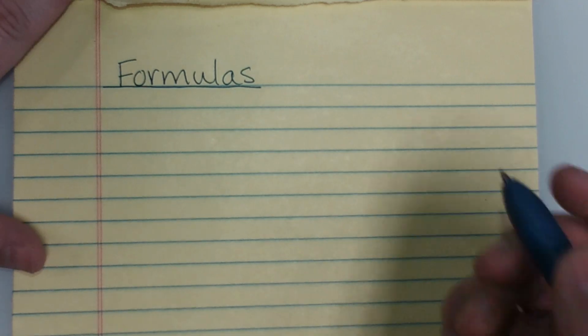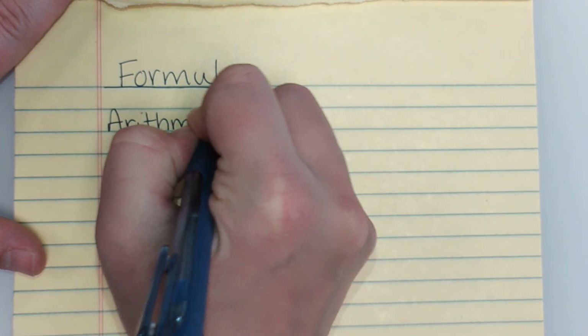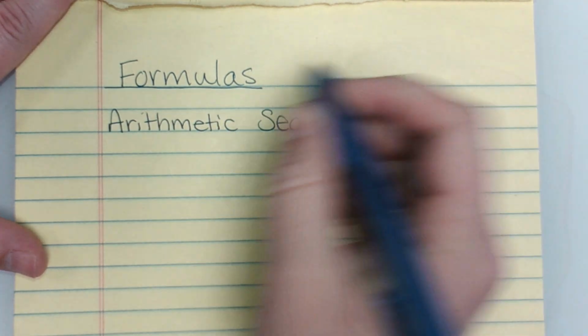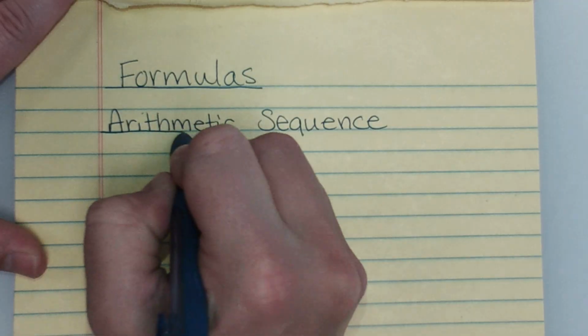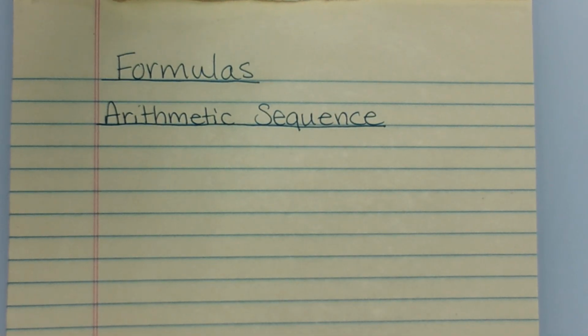Before we get too many more, so far we've talked about the arithmetic sequence, specifically its explicit formula.